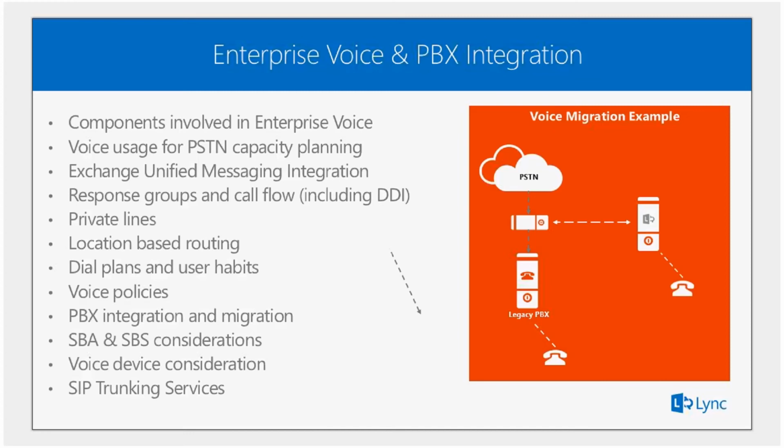If Joe Bloggs' number was 123 and that came in from the PSTN, it hits the gateway, and we can have a rule that says anything going to 123, pass it to Lync. Or alternately, if Joe Bloggs was still on the old system, we'd say anything for 123, pass it to the legacy PBX. So that's how it differentiates between incoming calls to the two different systems.